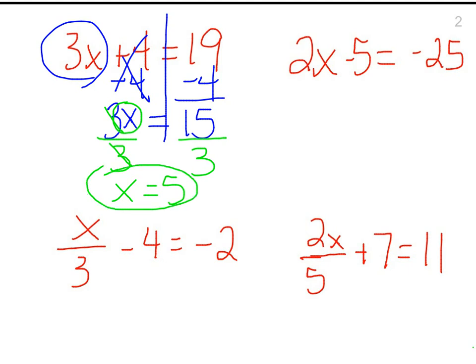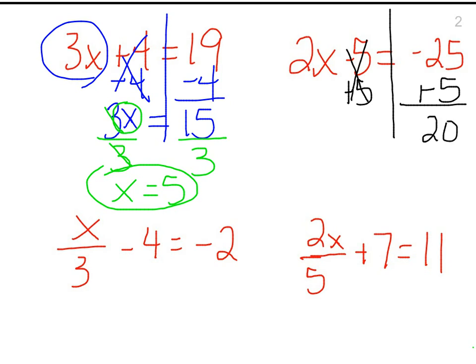Looking at the next example, 2x minus 5 equals negative 25. I'll start by drawing my line. I need to get rid of the minus 5 first, because we always get rid of what's being added or subtracted first. I'm going to write plus 5. That cancels that out. I write a plus 5 under the negative 25. And since the signs are different, I'm going to subtract, and 25 minus 5 is 20. 25 was bigger than 5, so my sign is negative.